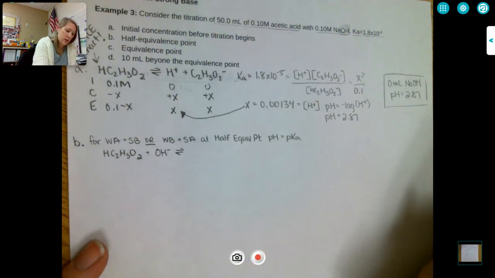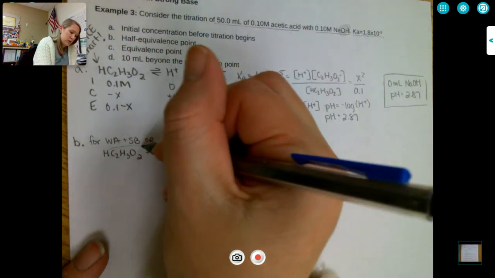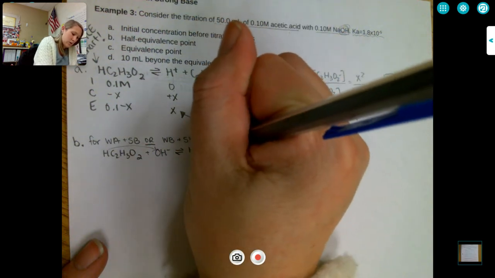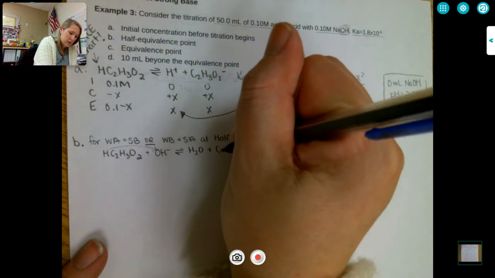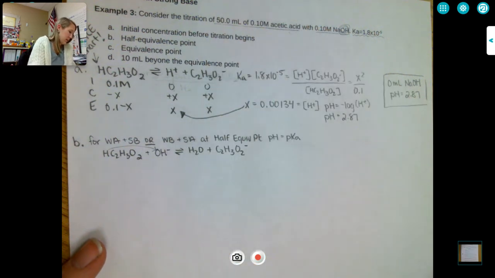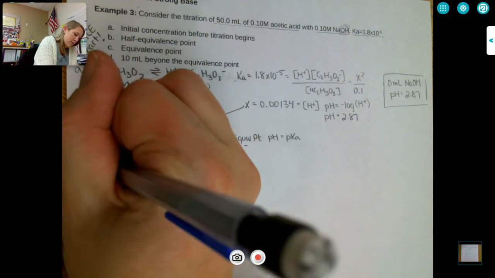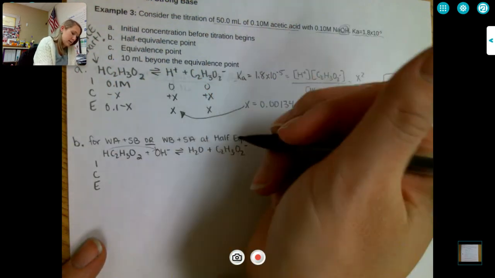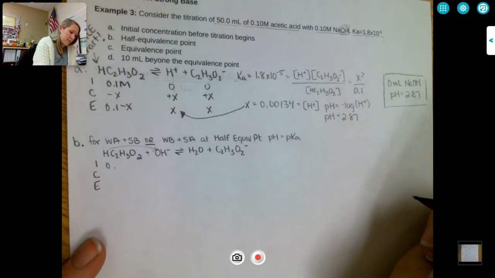So this hydrogen is going to go to our OH, and we're going to have H2O and C2H3O2 minus. Okay, we are saying we're at our half equivalence point. So I am starting with, I need to figure out what, moles, right?